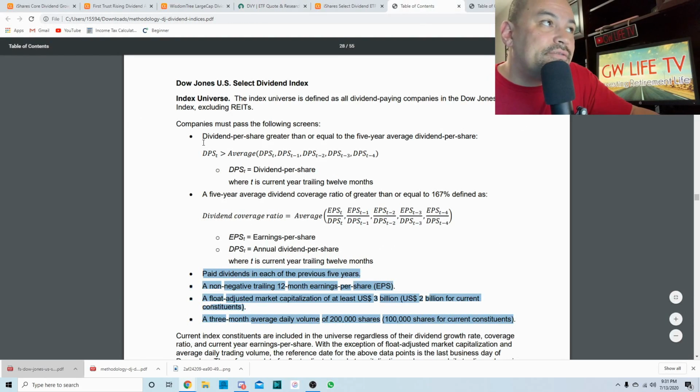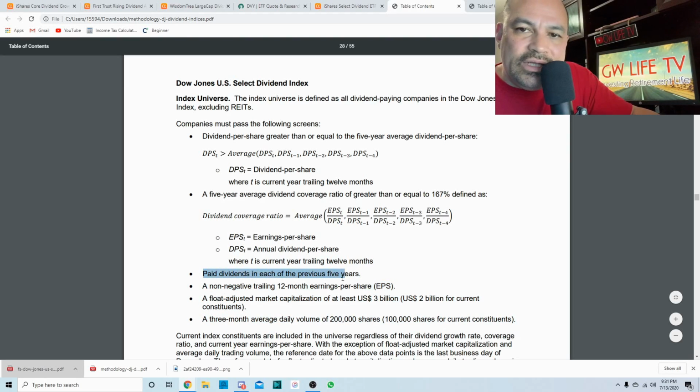Well, here it is from Dow Jones, and there's a lot to this, but I'm just going to go over kind of the basics. To be included in this index, they need to have paid dividends in each of the previous 5 years. They need to have a non-negative trailing 12 months earnings per share.